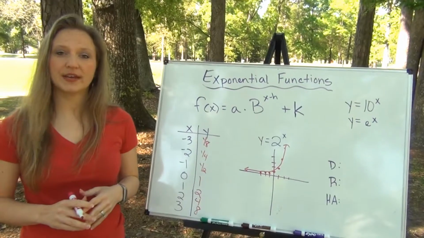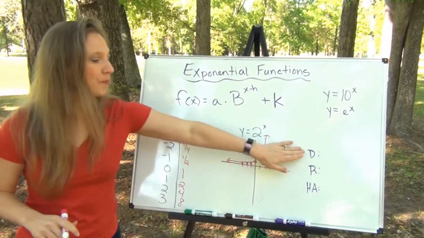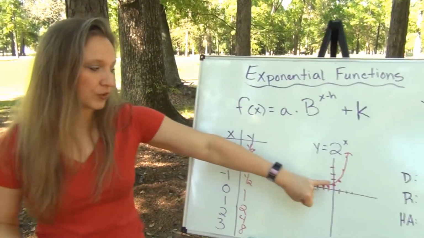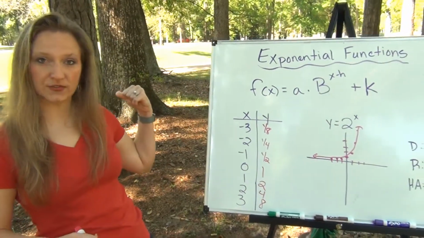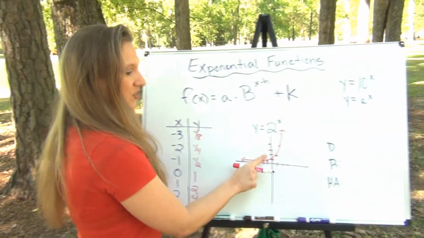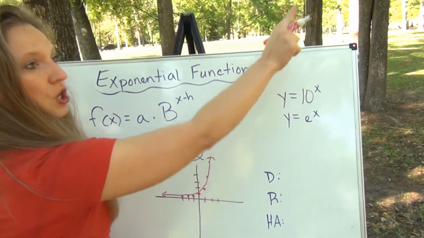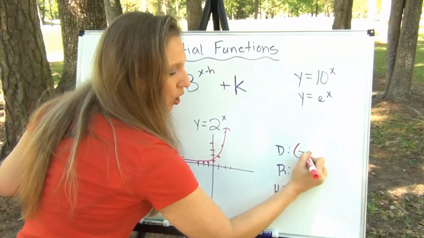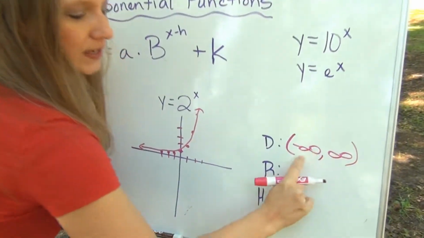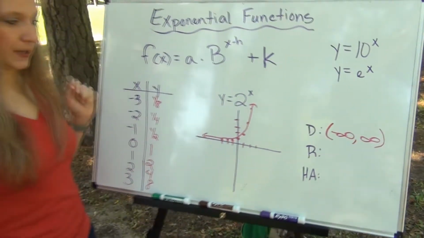So whenever we graph an exponential function, you'll notice our domain is going to be all real numbers because this graph is going to continue all the way to the left to negative infinity, and this graph is going to continue on and on towards positive infinity. So for our domain, it will always be all real numbers, or negative to positive infinity.